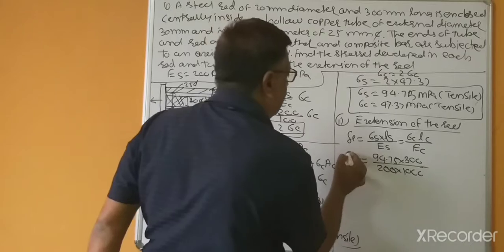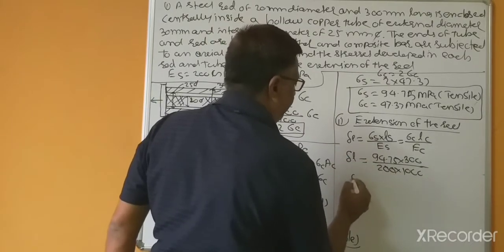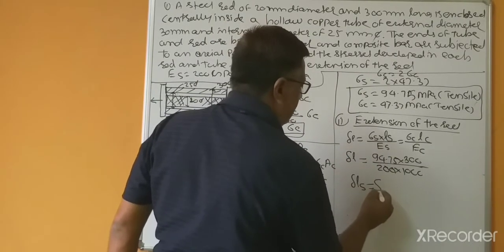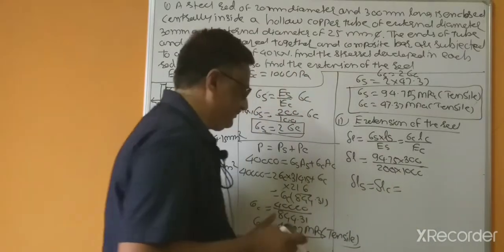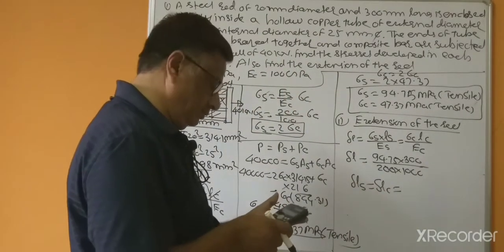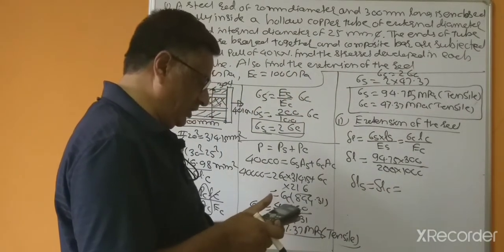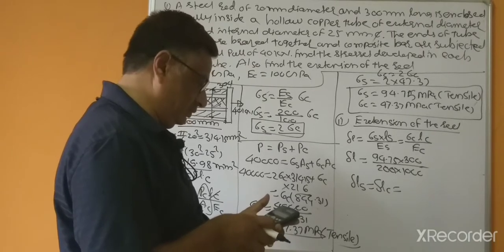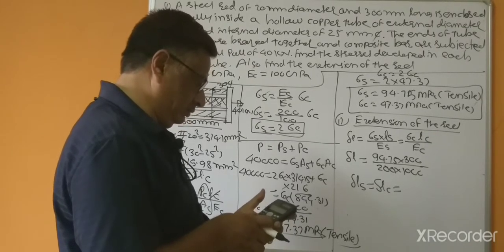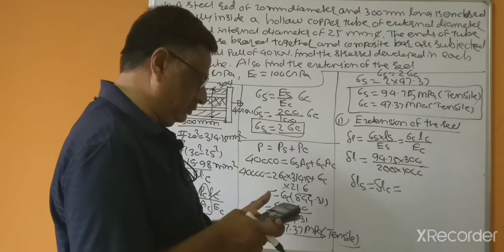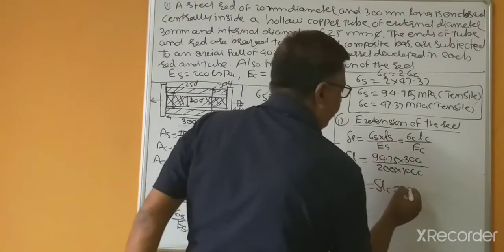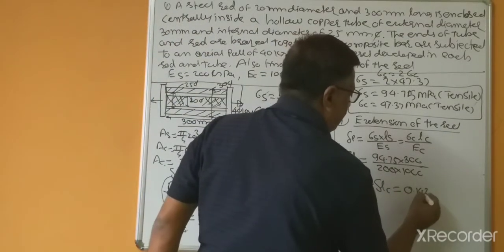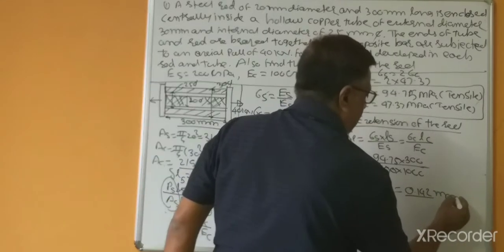Now delta LS equal to delta LC, the change in length, equal to 0.142 mm.